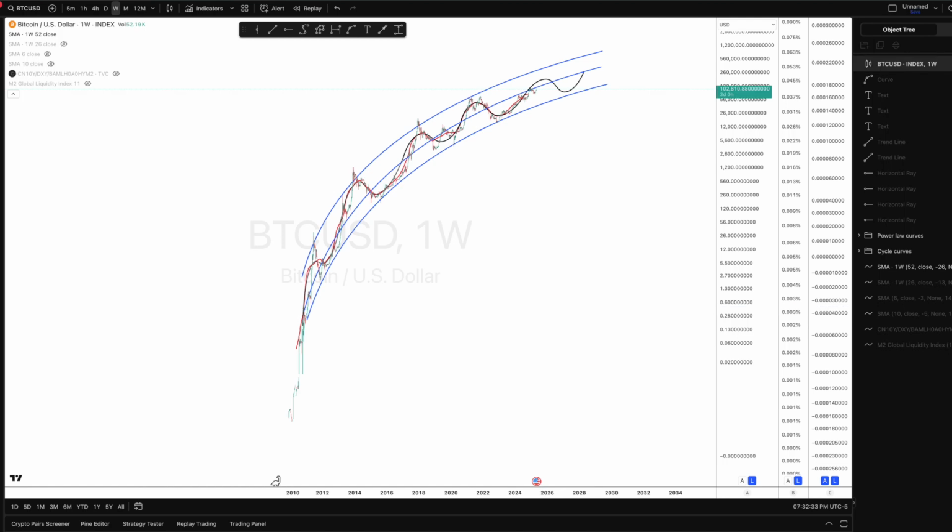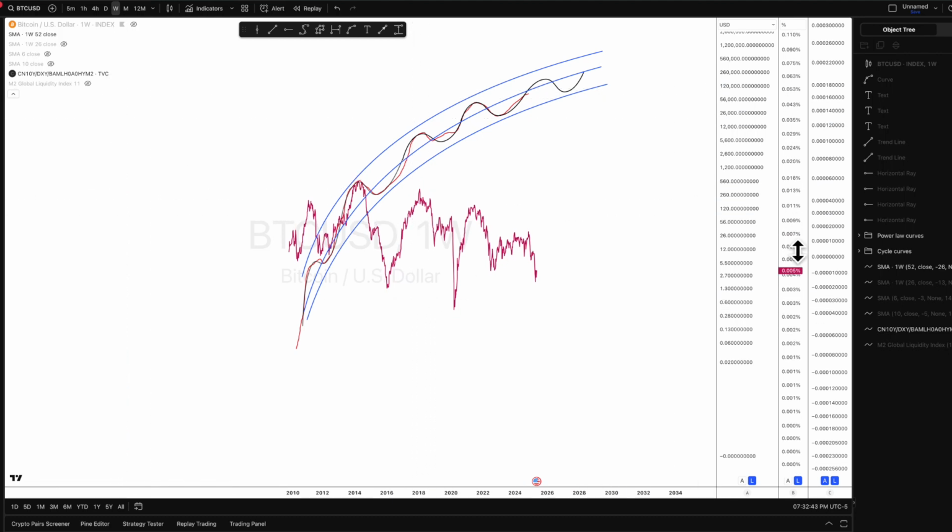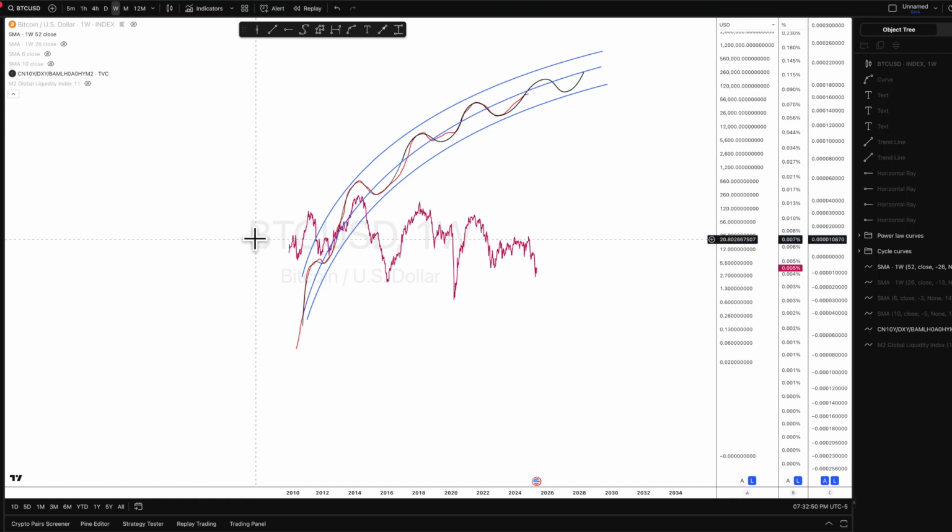So now let's overlay one indicator that I have found for measuring liquidity, and I don't really conceptually understand what this is measuring or why or what it means, but when I overlay it across other assets, it acts like an oscillator for liquidity peaks and lows so that I can differentiate between a cycle move, a divergence from the cycle, and a contraction in liquidity, because this chart is Bitcoin as measured in US dollars, and we have to know what's going on with US dollars.